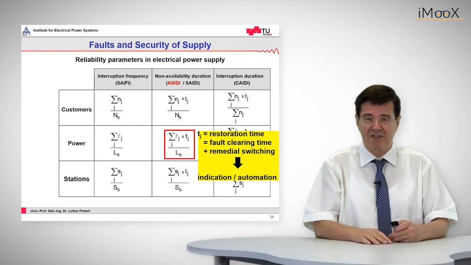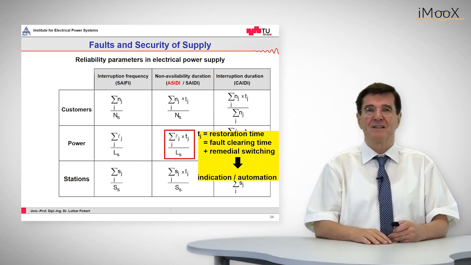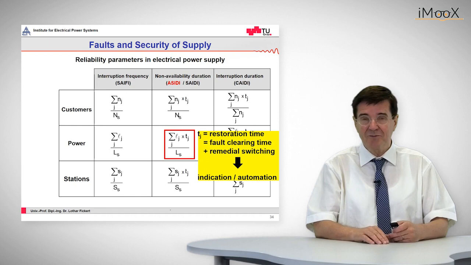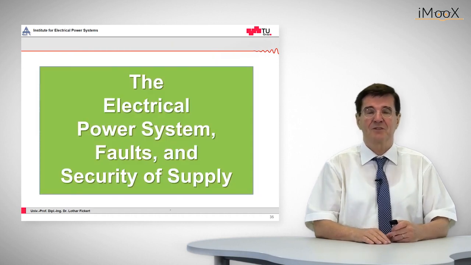So the role of the protection devices is to bring the ASIDI figure down to good values, and that is done through good indication and automation. So this was a chapter about electrical power systems, faults, and the security of supply.